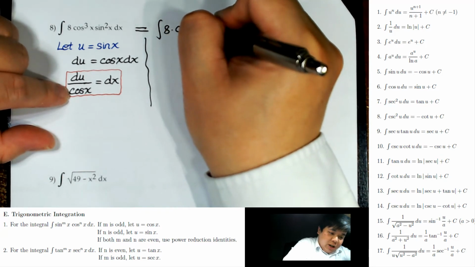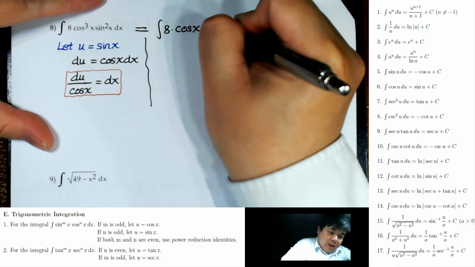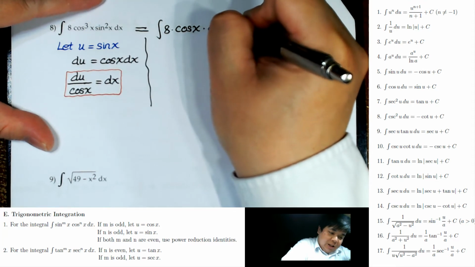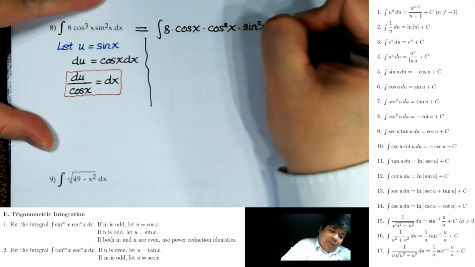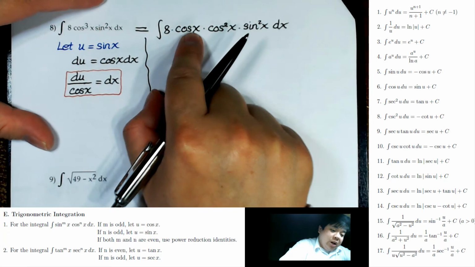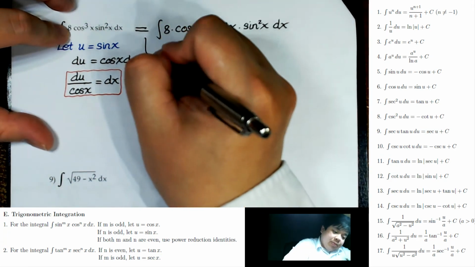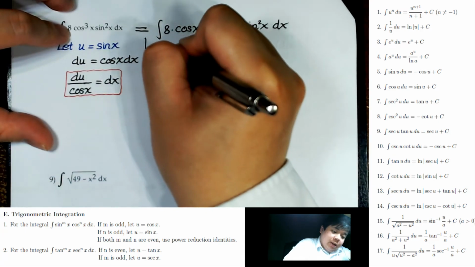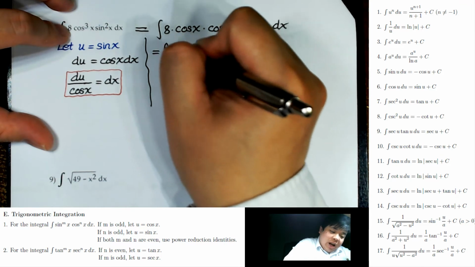So we have cosine, and then to get the cube we have cosine squared, and then sine squared, and then dx. Because we need the cosine x to cancel, we split out one cosine. We cannot touch the cosine x here.